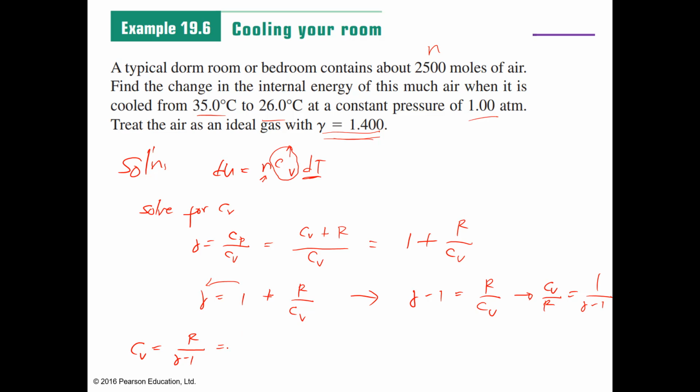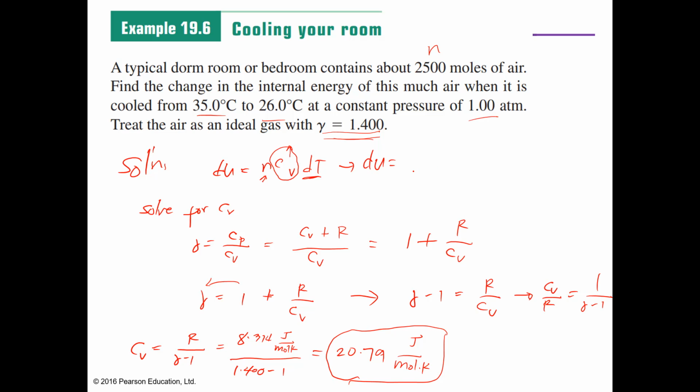And we know R is 8.314 joule per mole Kelvin. And the gamma here is 1.4 minus 1. So Cv is equal to 20.79 joule per mole Kelvin.